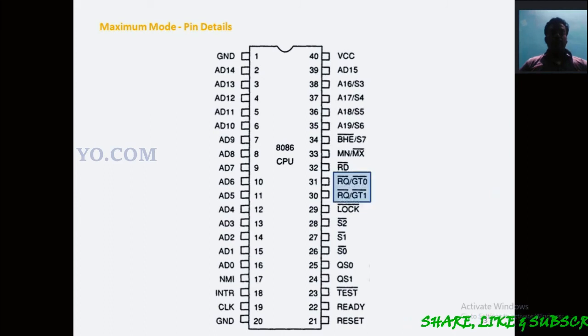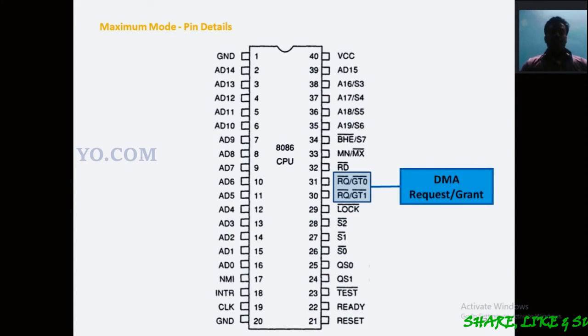The next one is request and grant, for DMA, direct memory access. DMA is an independent circuit connected with the microprocessor to access memory directly. The microprocessor can address up to 1 megabyte, since the address bus is 20 bits.